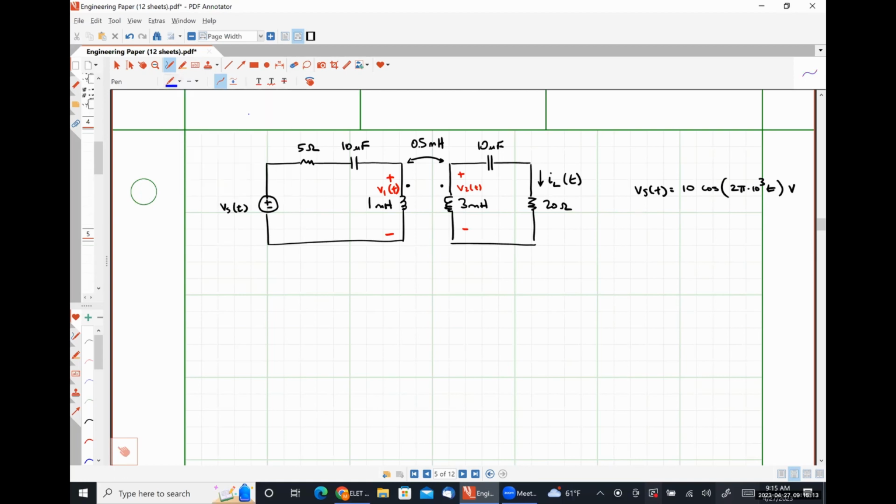We're going to wind up doing mesh here. Do I want my current for the left-hand loop to be clockwise or counterclockwise? Clockwise, okay. Do I want the current for the right-hand loop to be clockwise or counterclockwise?